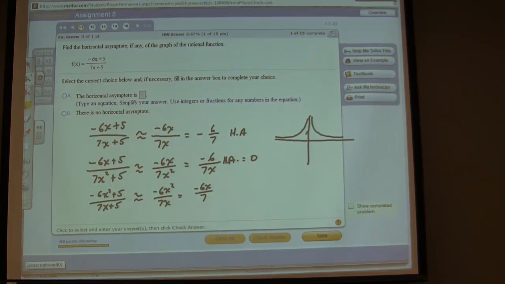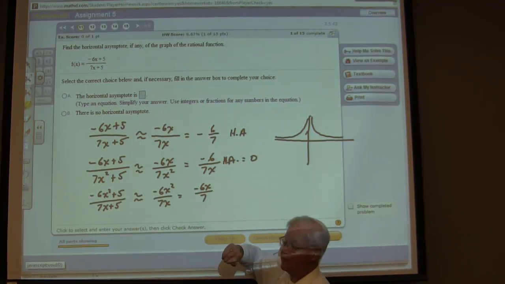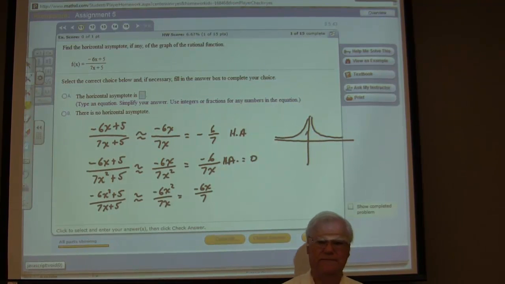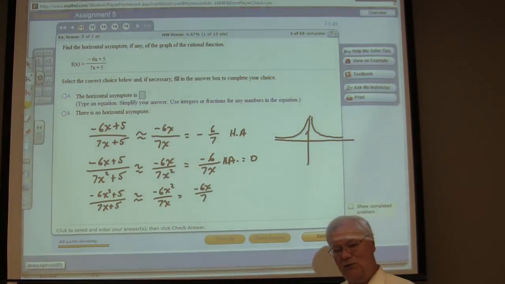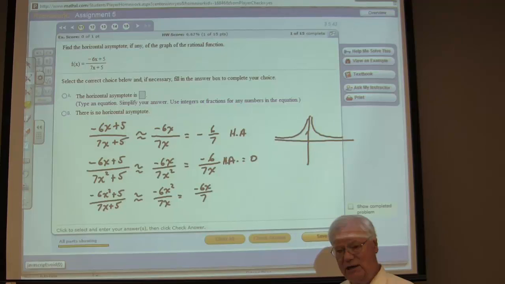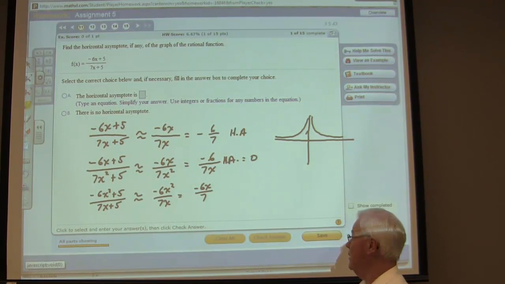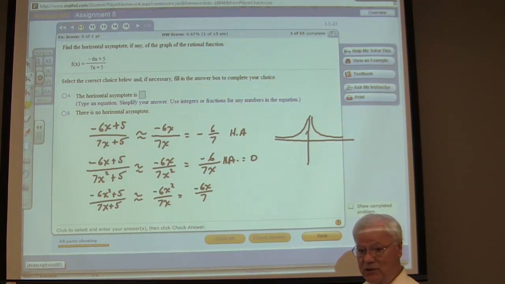And what's going to happen as x gets very, very big? Well, now the numerator is getting very, very big over 7. So if I had a trillion sevenths or a billion sevenths, remember each 7 of those forms 1. So it's like taking a billion and dividing by 7. It's still a big number, isn't it? And of course, as x gets bigger and bigger, that's only getting bigger and bigger also.